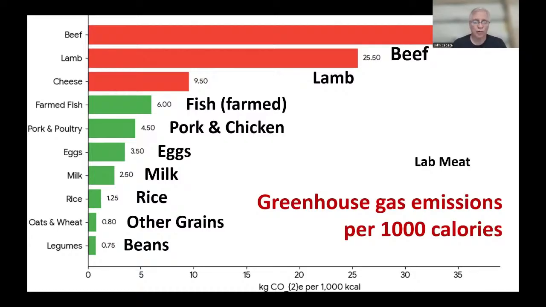When we jump down to the crops, rice requires about 1, oats and wheat under 1. Legumes represent the ultimate caloric efficiency, generating less than 1 kilogram of emissions per 1,000 calories. Whether you're counting protein or counting calories, shifting away from beef and towards plant-based alternatives is mathematically the most powerful dietary choice a climate-conscious citizen can make.